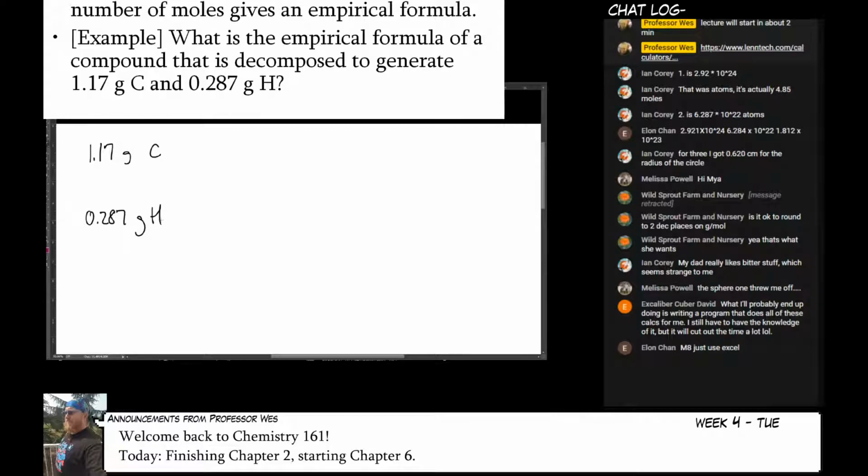Now remember, molecules have formulas that come from numbers. Grams do not relate number of things that are in there. They represent masses. So we need to turn these into things that represent numbers. And that something is moles.